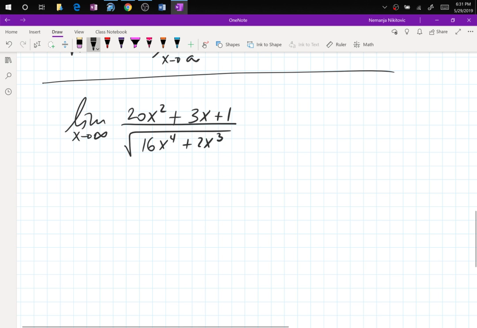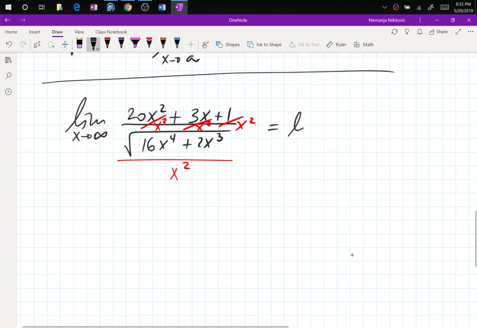Why is it the highest degree squared? Because if you take the square root of x to the 4, you get x squared. So the highest degree is 2. So we are going to divide each one of these by x squared, and then divide the entire denominator by x squared.